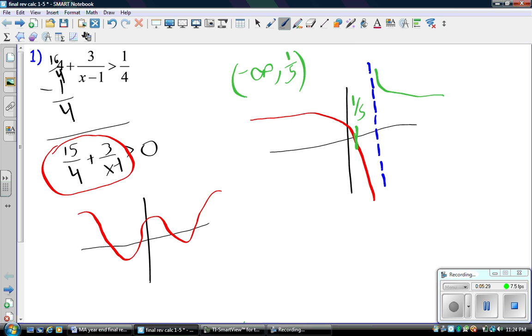There was that asymptote at x equals 1, but then again, we're above the x-axis forever. So that is 1 to infinity. So there's my entire solution set, and that has the union in between it. So the answer was D on that first one. And again, solving this algebraically is pretty nasty. Use that calculating device. It's definitely helpful.